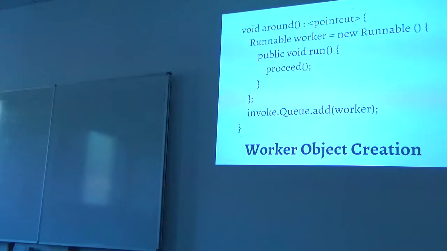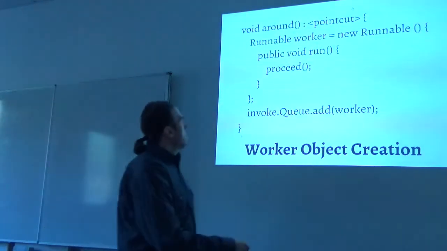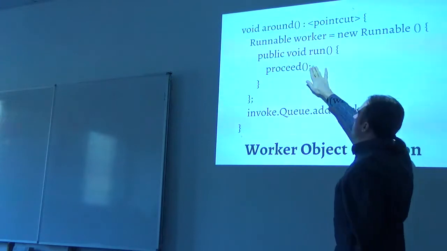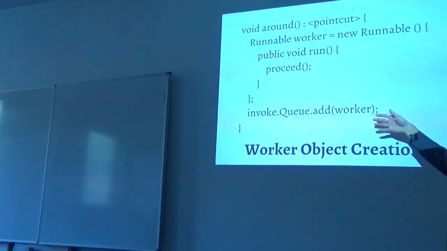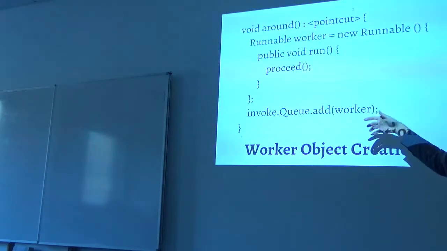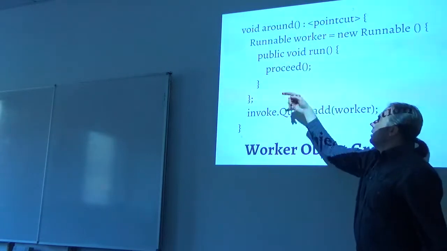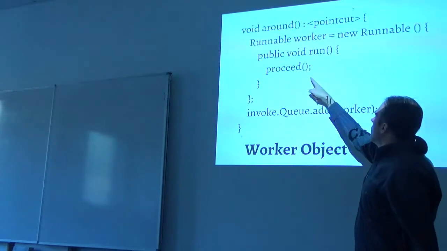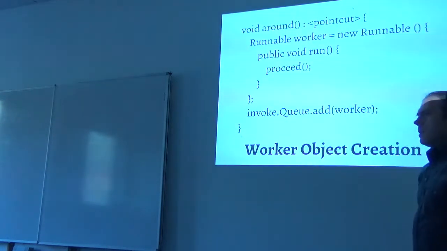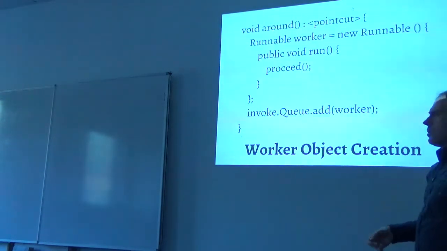worker object creation pattern, and this is a kind of generalized scheme for this pattern. And it emphasizes what is important there. So this is the key part. And the thing is that you put these worker objects that you created that contain this proceed, which is not completely generalized, because you could have some arguments here depending on what you captured.